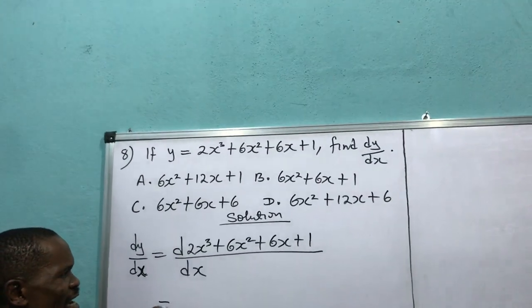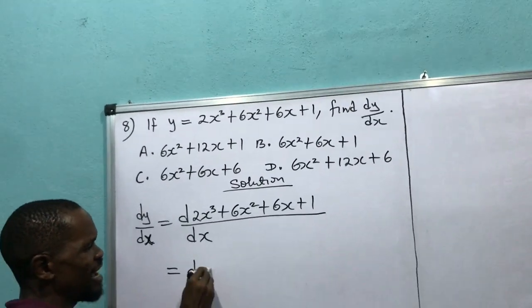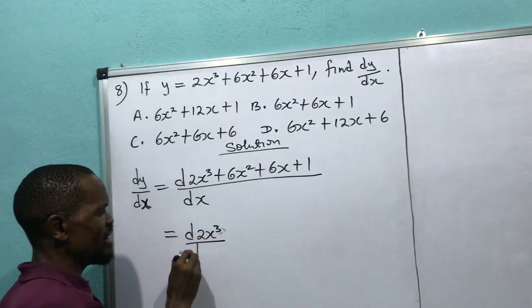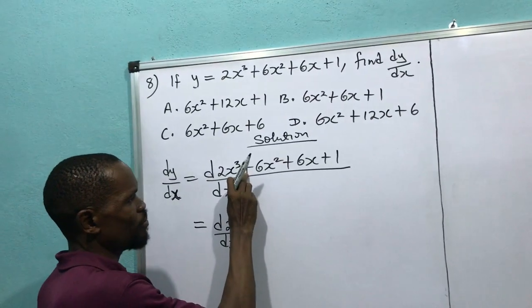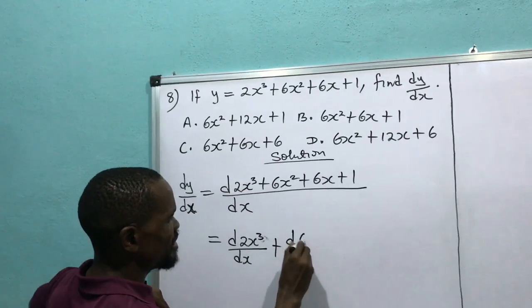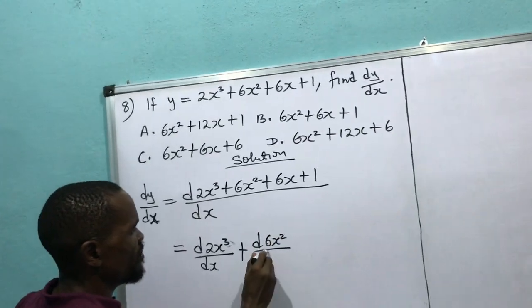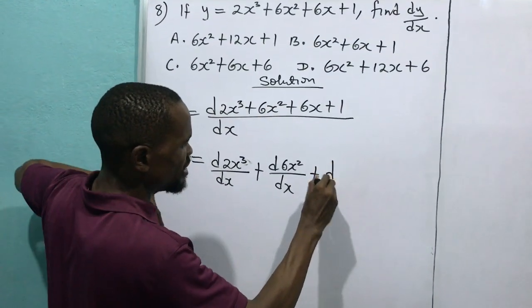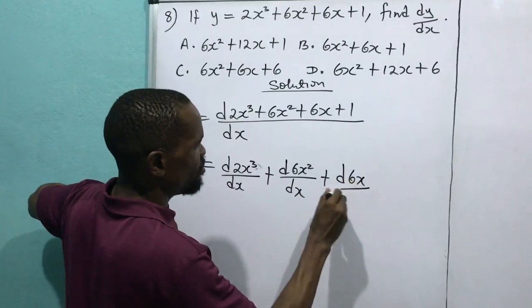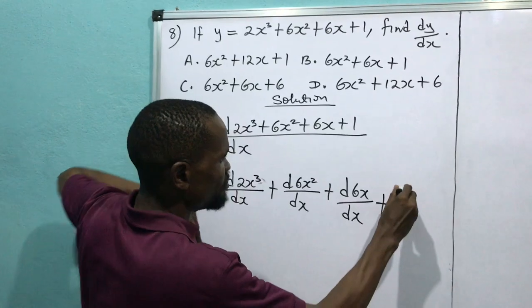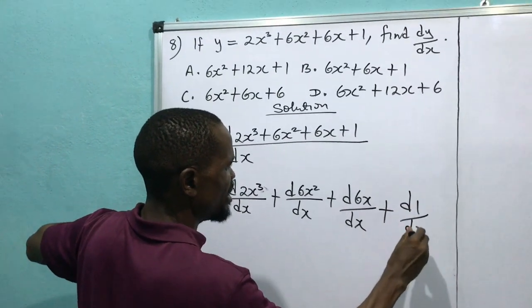And I look at this, I have d of 2x raised to the power 3 all over dx plus, look at the plus here, then I have d of 6x squared all over dx, look at another plus, d of 6x all over dx plus, look at plus again, I have d of 1 all over dx.